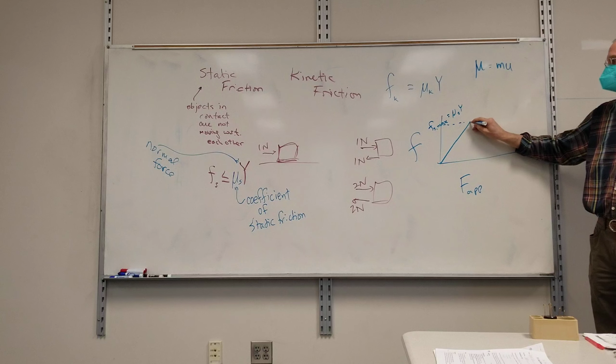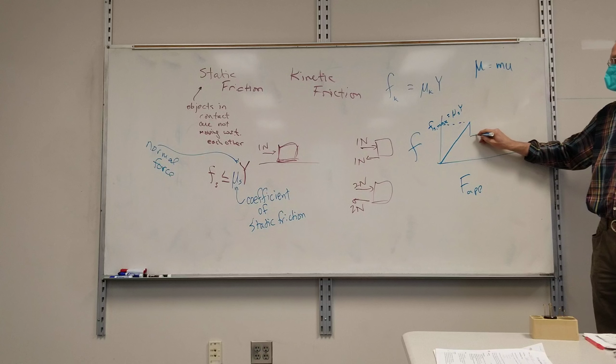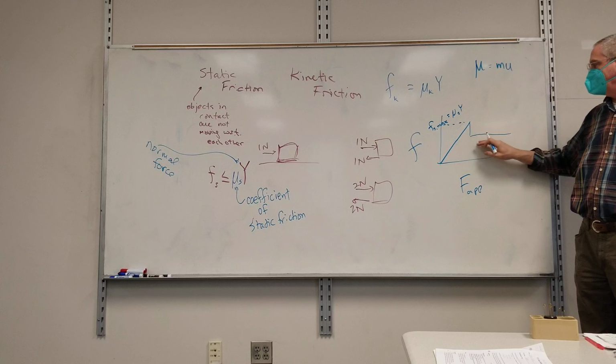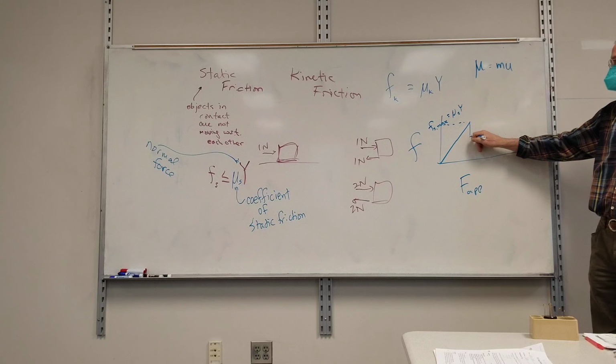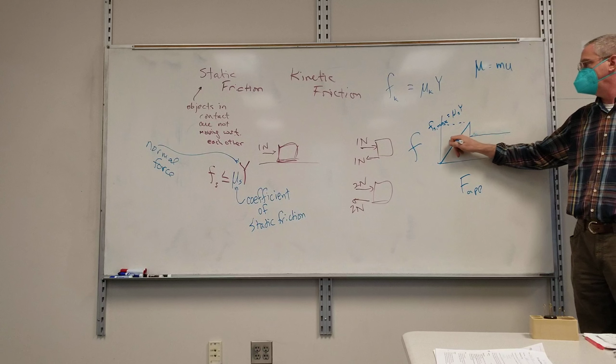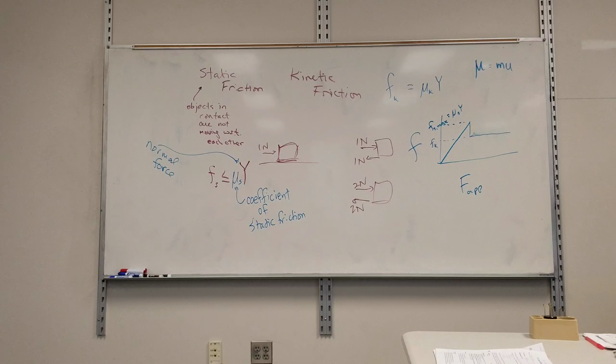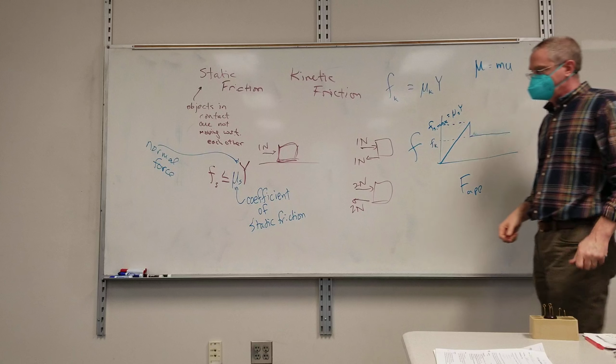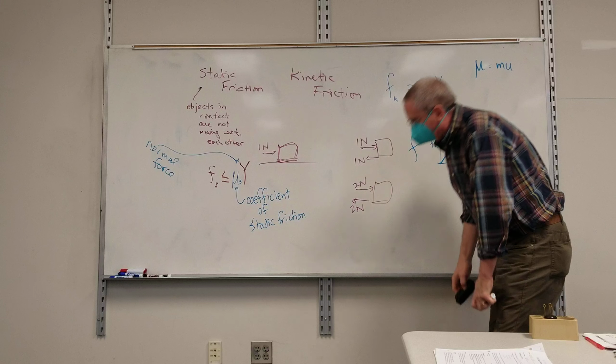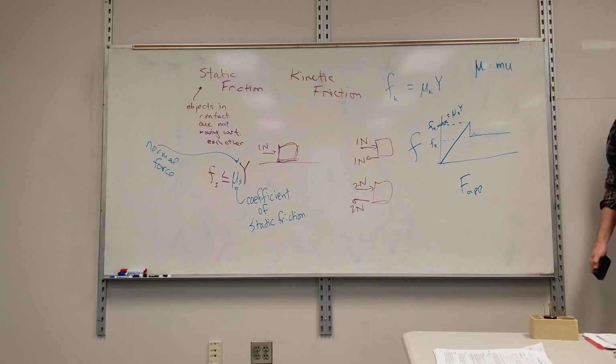Once you reach that breaking point, the friction will drop off. And that's supposed to be a horizontal line, slightly better. And the friction is the kinetic friction. All right, so that's the generic.